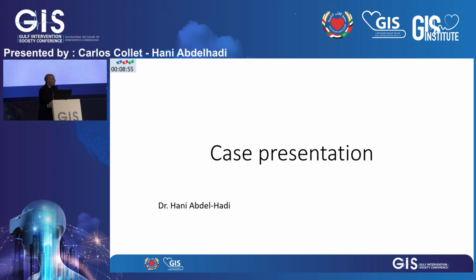Maybe the DES is not the answer. Maybe we need a different approach for PCI. This atherosclerosis has been building over many years, so we don't want a cosmetic result on that day for something which has happened over many years.